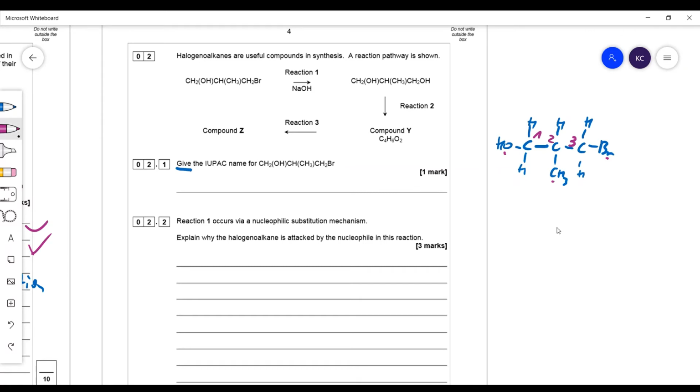So from this we know the longest chain is propane, so it's going to be something like propane. It's alcohol, so 1-ol, because ol is the ending for alcohols, and then we have 2-methyl, and then we have also 3-bromo. So 3-bromo-2-methylpropan-1-ol.